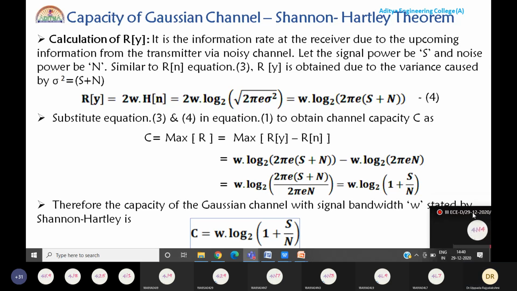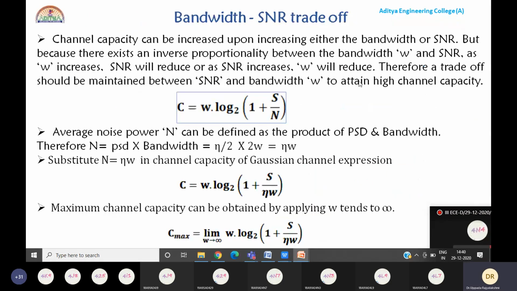Now, if you observe this equation carefully, our intention is to increase the channel capacity. Once the channel capacity is increased, you can transfer a sufficient amount of data via the channel.